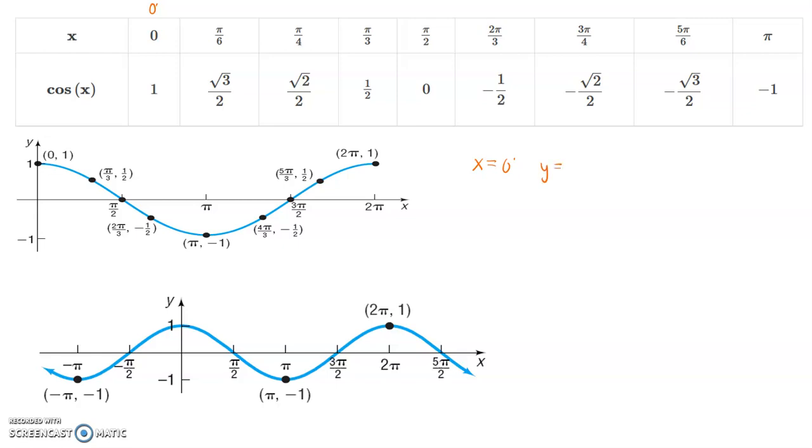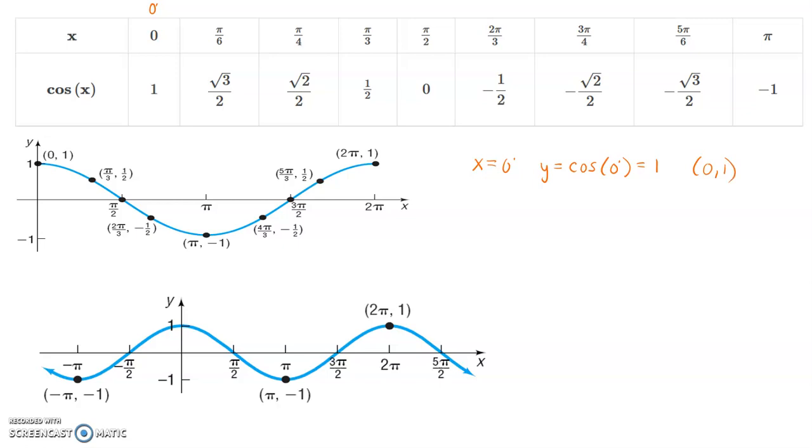So I've got y equals cosine of 0 degrees. And if I type this into my calculator, that's going to give me a positive 1 as my y value. So this graph is going to be starting at the point (0, 1).